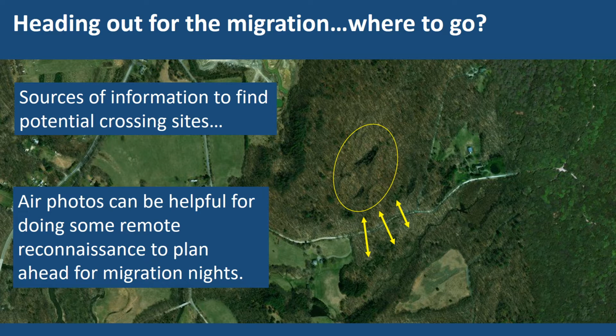And the fact that they're also in a forest. And because there's forest on both sides of the road, this might be a potential spot where migrating amphibians would need to cross the road to get from the forest to the woodland pool.